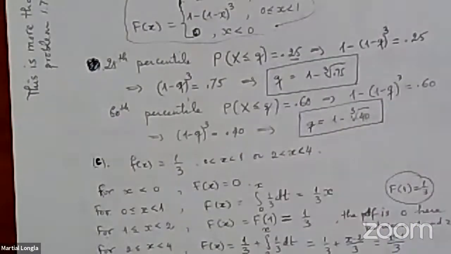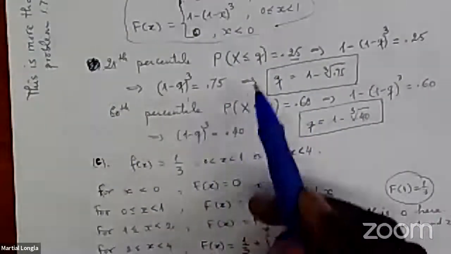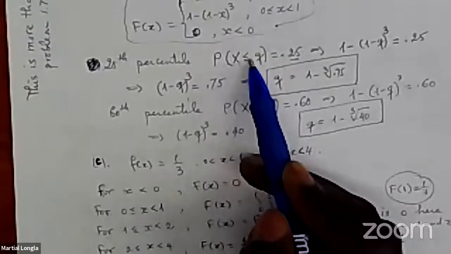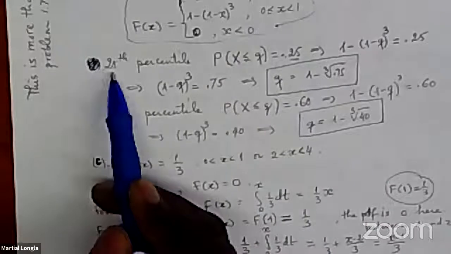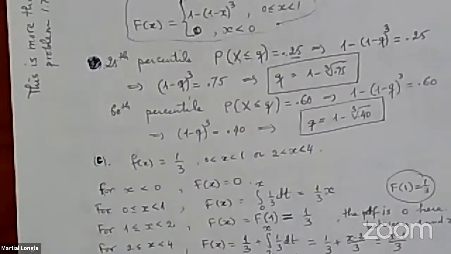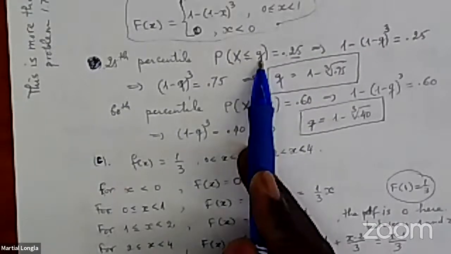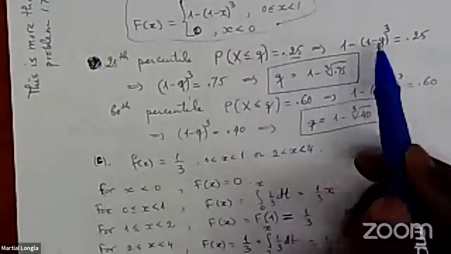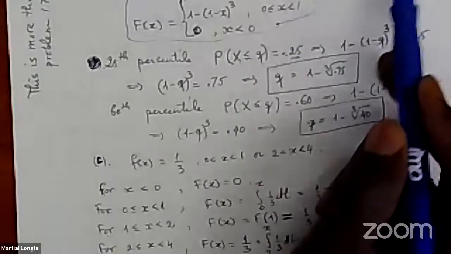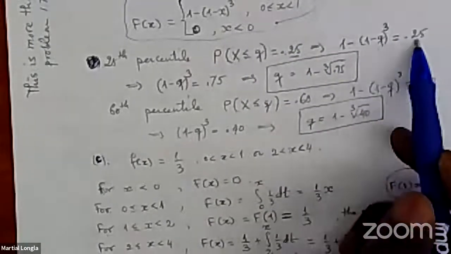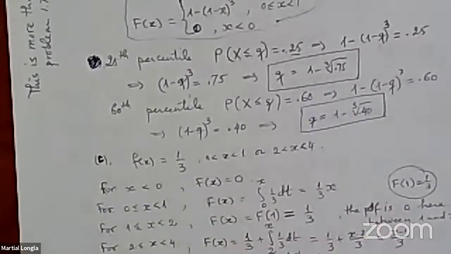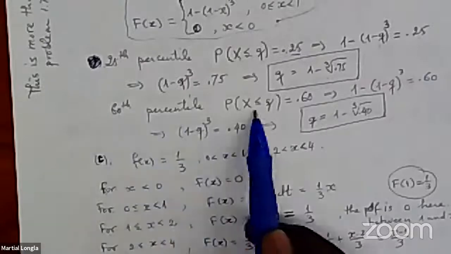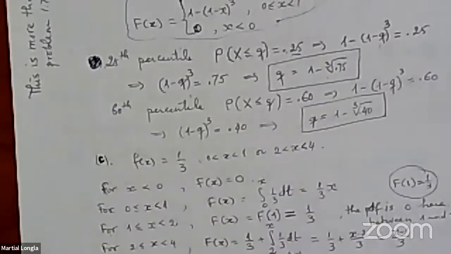So for continuous random variables, you just write probability that x is less than or equal to q equals 0.25 for the 25th percentile, and you solve for q, which means take this q, plug into the formula of the CDF, and solve for q. You get this. You do the same thing for the 60th, you solve for q, and you get that.